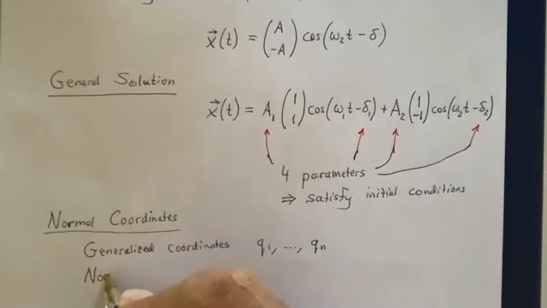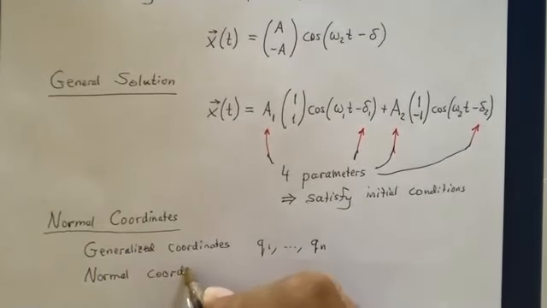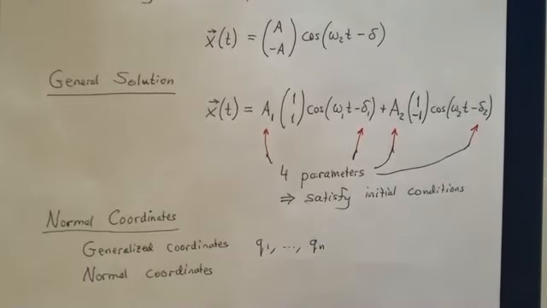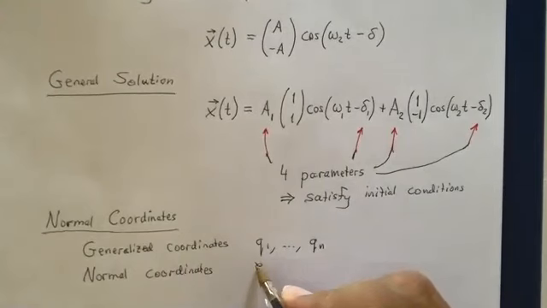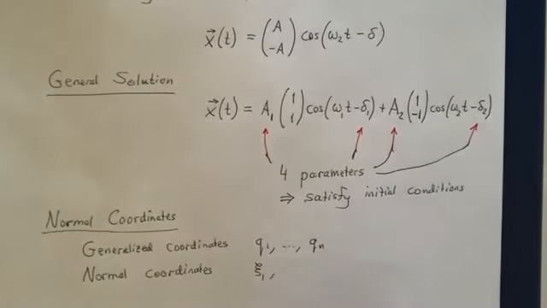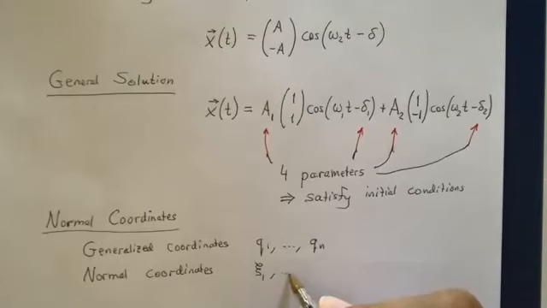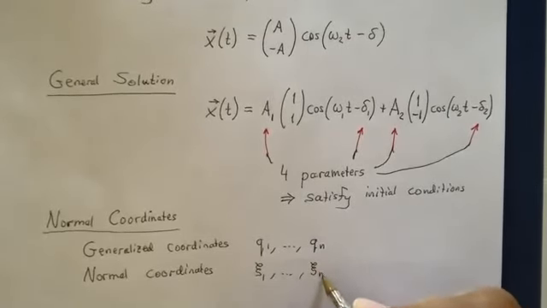Okay. So for these problems, when we talk about normal coordinates, we're going to use the symbol lowercase c. All right, here we go. Lowercase c1, that's a lowercase c. It's like the English x. Lowercase c, here's a lowercase c with a subscript n.